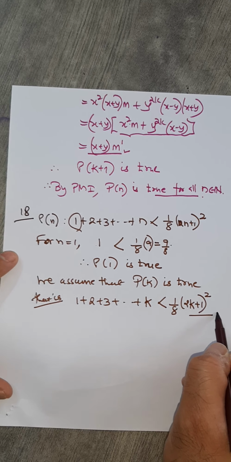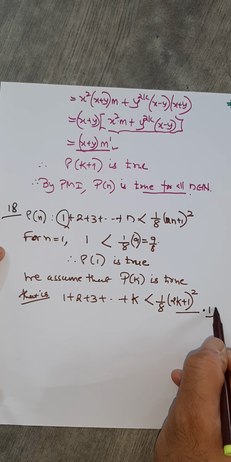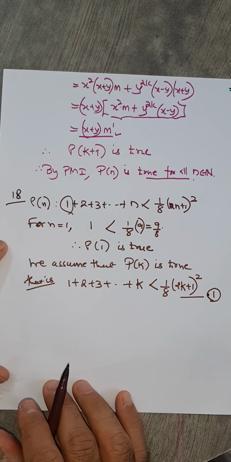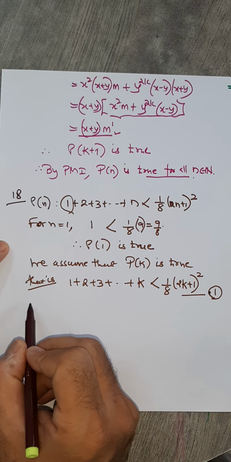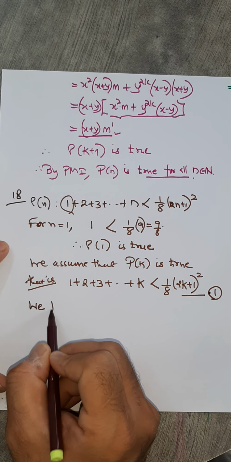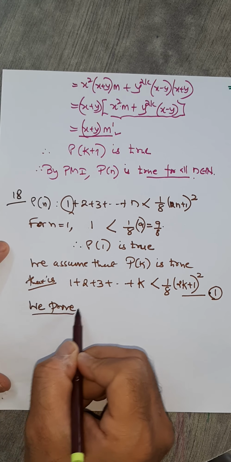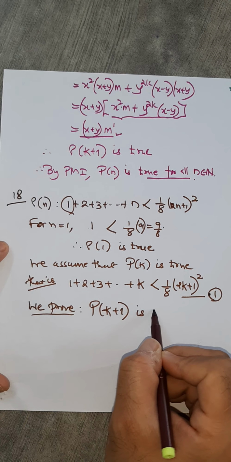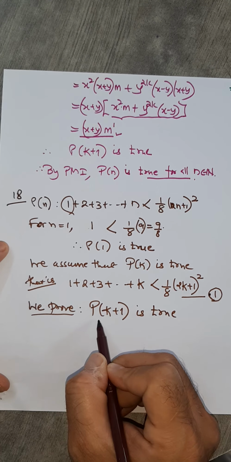You call this equation number 1. Now we prove that the statement is true for k plus 1. So we prove P of k plus 1 is true. This is what we want to prove.